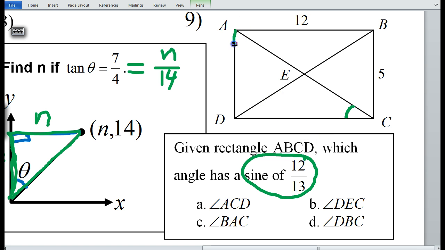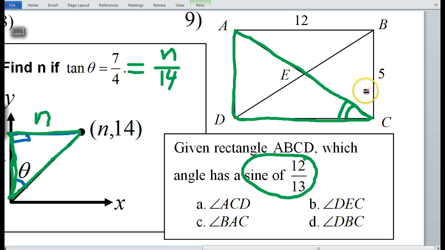So if I'm talking about that angle, then this is the triangle that I would be looking at. Okay? So looking at that triangle, what would be the sine of this angle that I've just marked? Edgar, looking at this angle that I just marked.